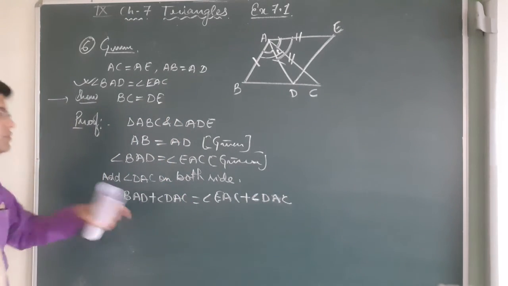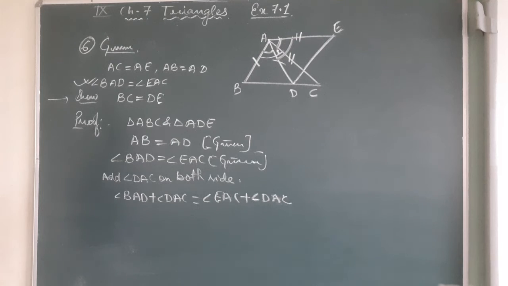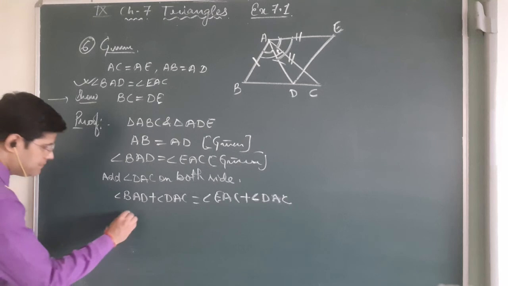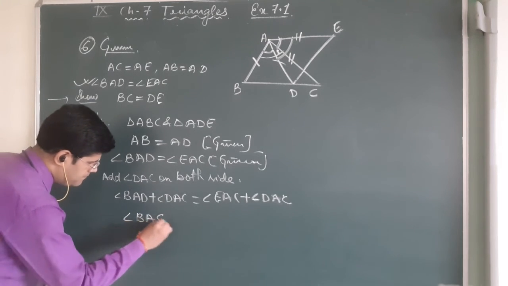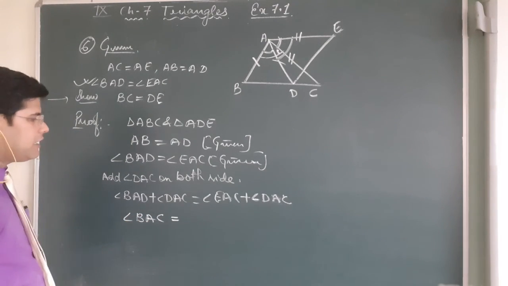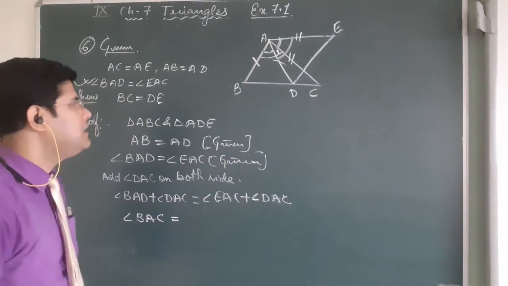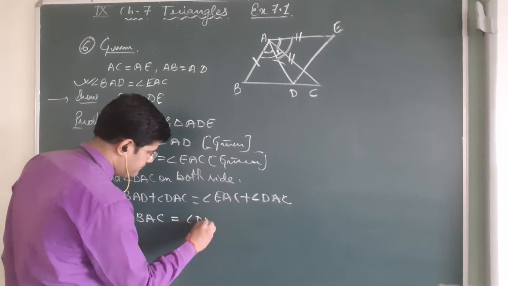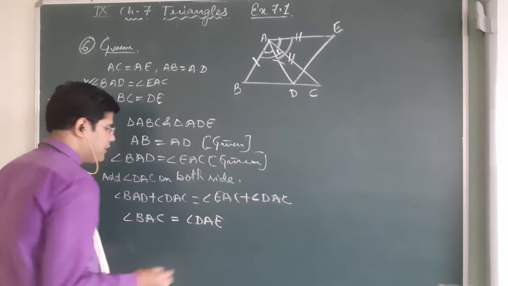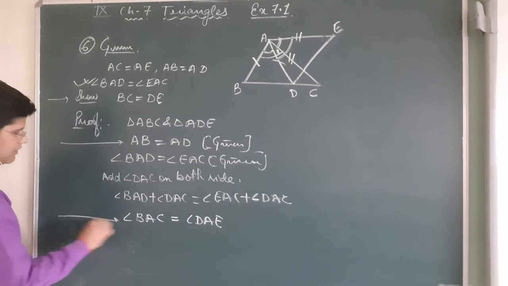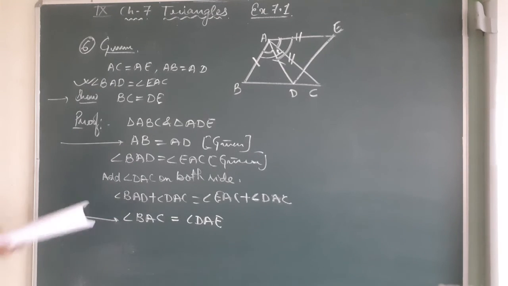If we add BAD and DAC, it will become BAC. After that, if we add the same part DAC to EAC, it will become DAE. Here we got our second part. Are we permitted to add that?